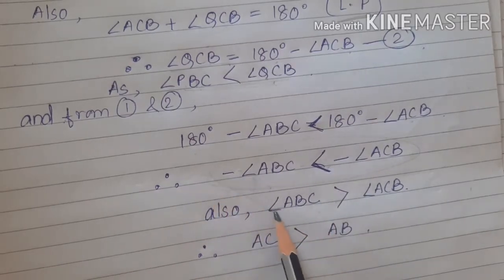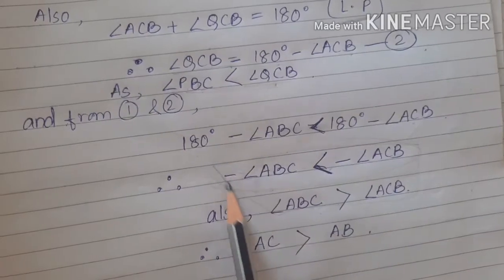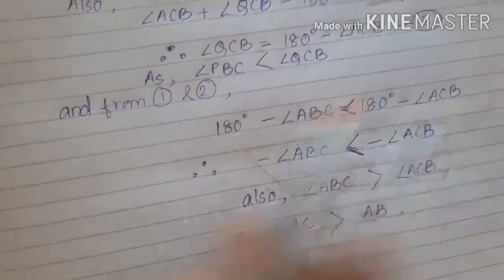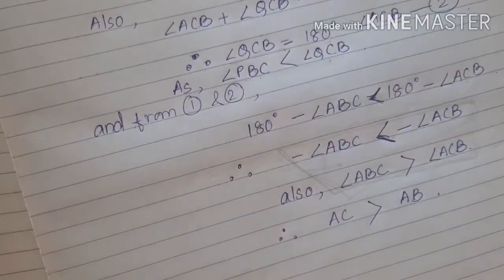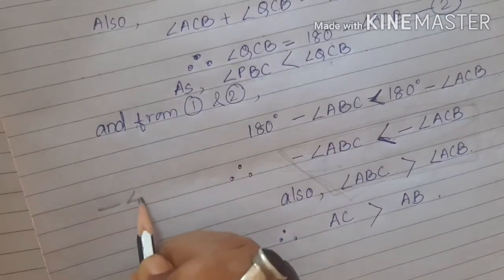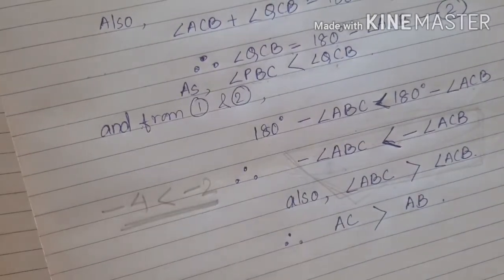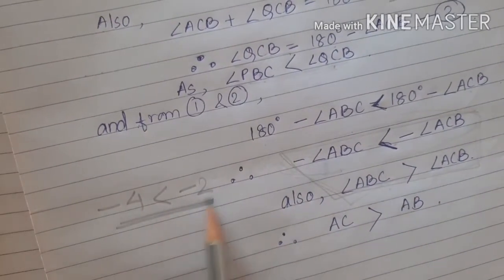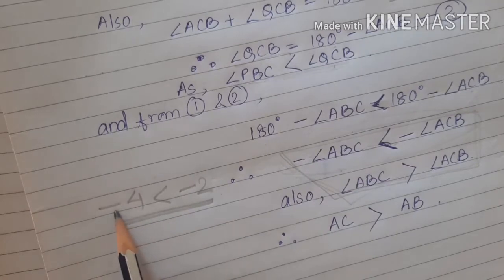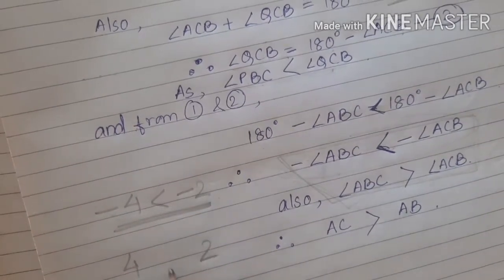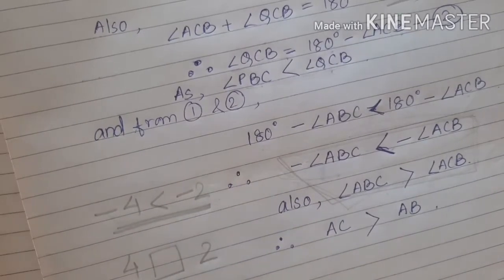But by simply saying this, I know you may not be able to understand this step, so I am giving you one example. See here: minus 4 is less than minus 2. Yes or no? Yes. You can check on the number line also. Minus 2 is greater than minus 4. So what can you tell about this 4 and 2? Which symbol do I have to place here?